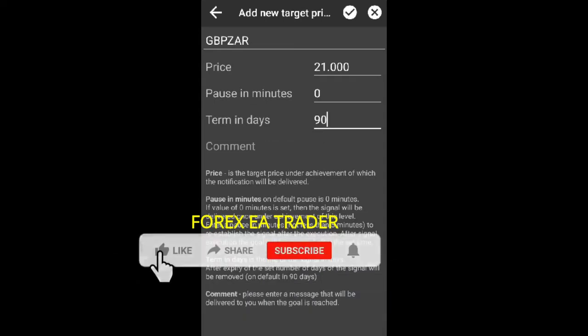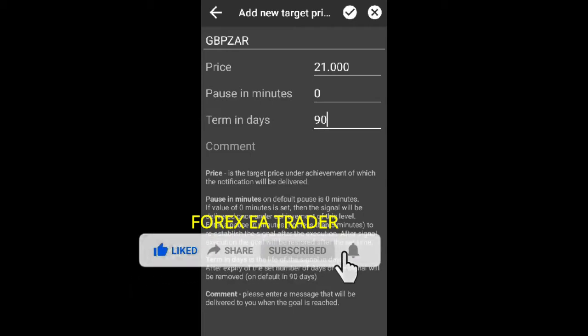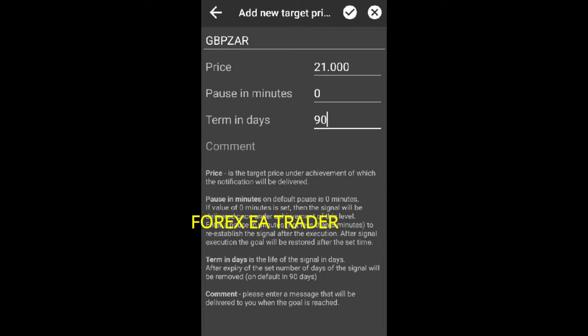So eventually you just want to cancel the alert. So this term, let's just say, is how long you want the alert to be there on the system. If after a week nothing happens, you just want the alert to expire. So this is where you set the number of days that you want the alert to be there. Then comment.